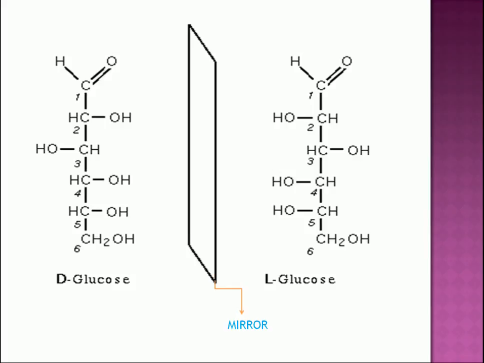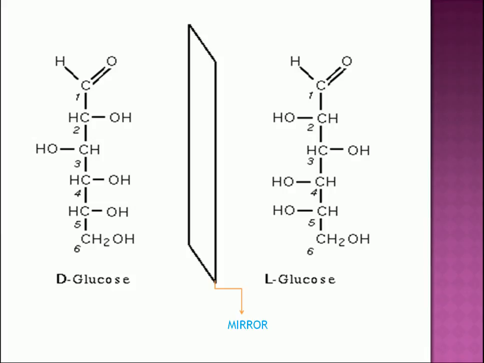Now the D-glucose structure. D-glucose has the CHO at the first carbon; on the second carbon the OH is on the right side, on the third carbon the OH is on the left side, on the fourth carbon the OH is on the right side, and on the fifth carbon the OH is on the right side.